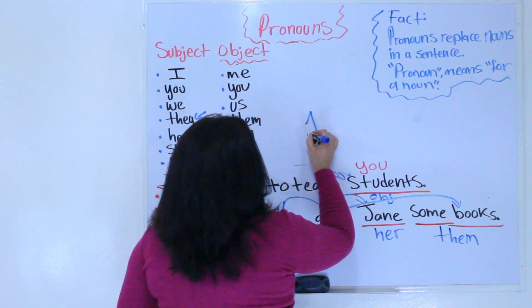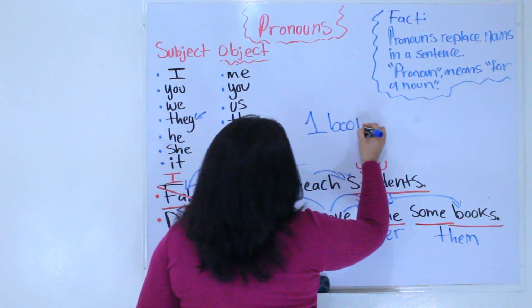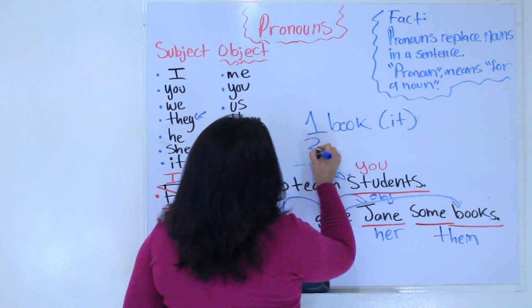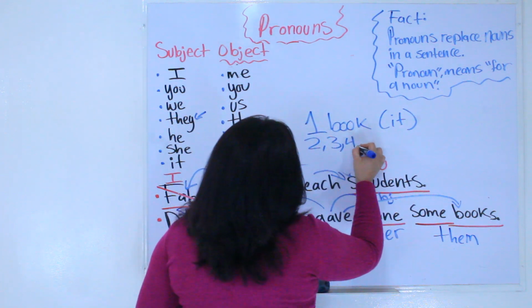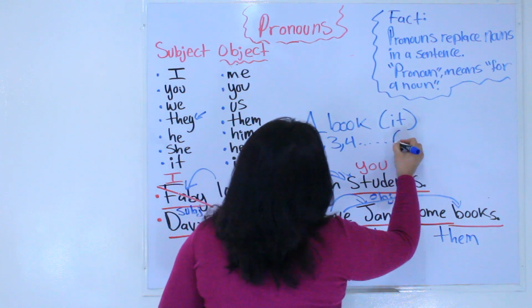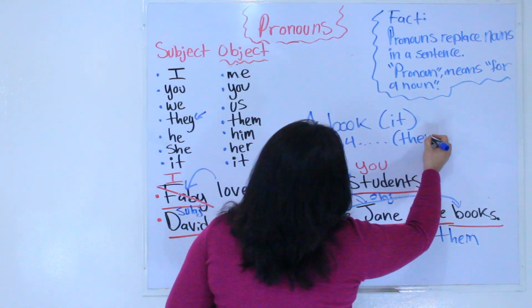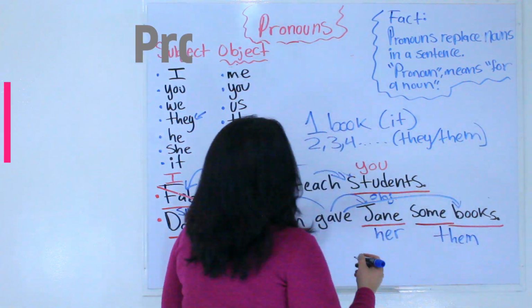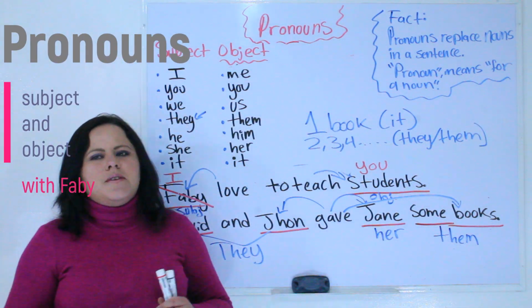If we say one book or a book, we would use it. If we say 2 or 3 or 4 or 5 or 6 or 7, we will use they or them, depending on if it is the subject or object of the sentence.